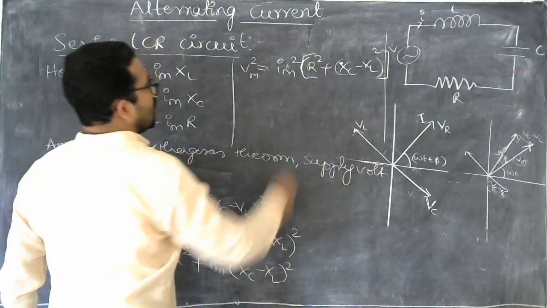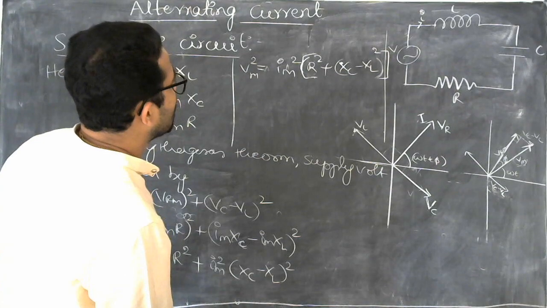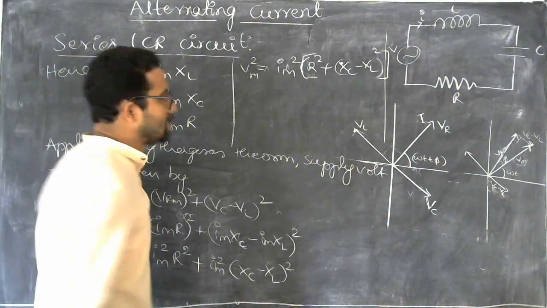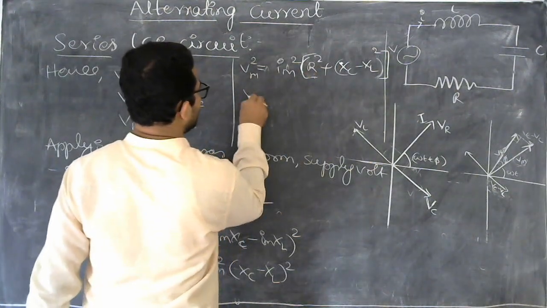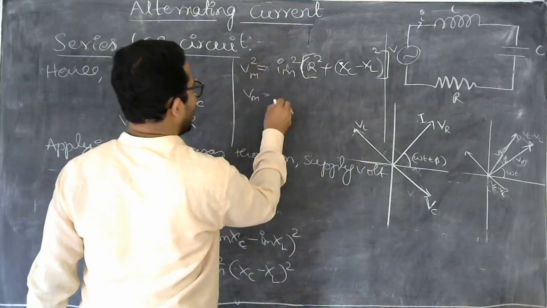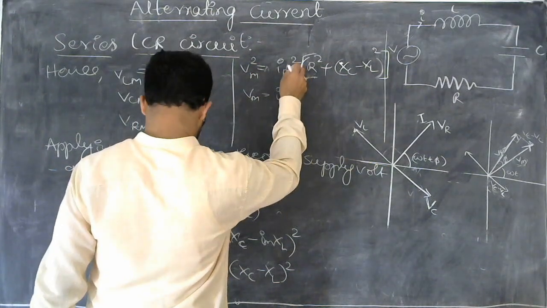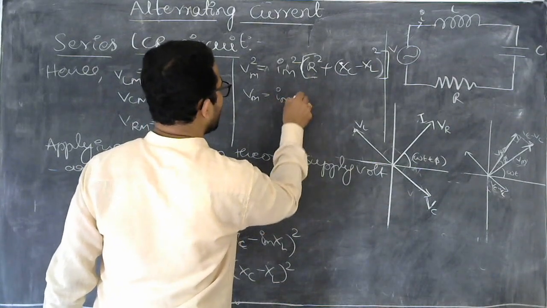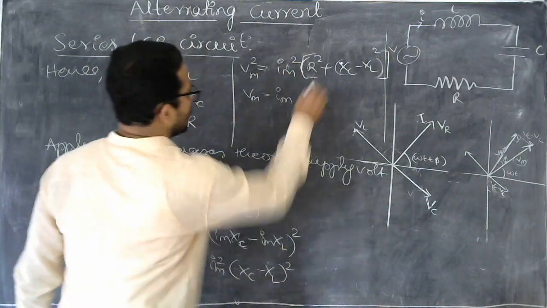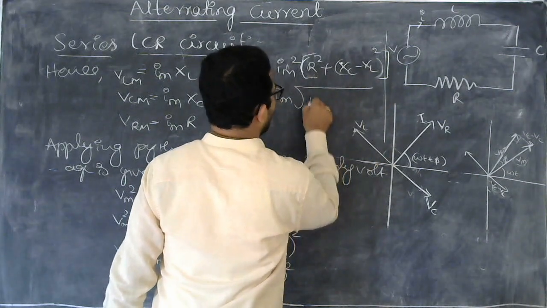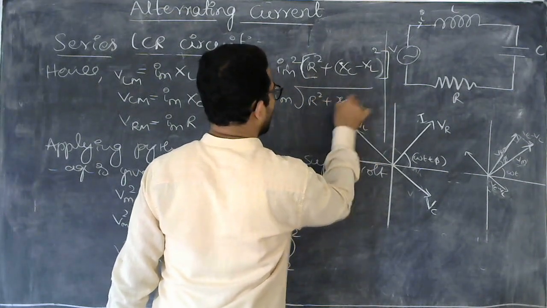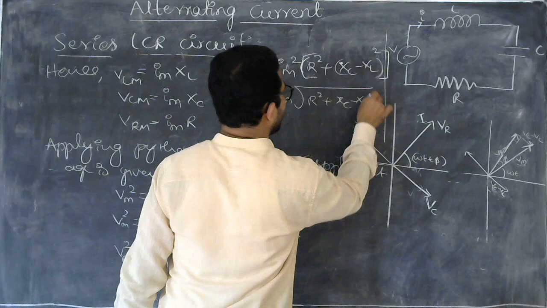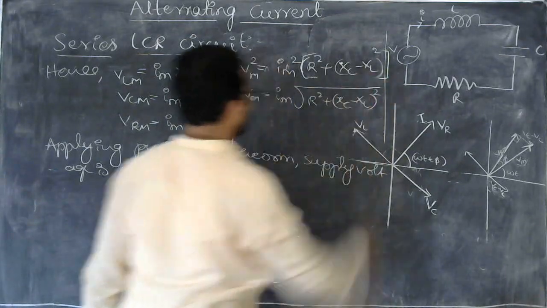Now take the square root on both sides. That's why this square cancels out. So here Im square cancels out, and we will have the square root of R square plus (Xc minus XL) whole square.